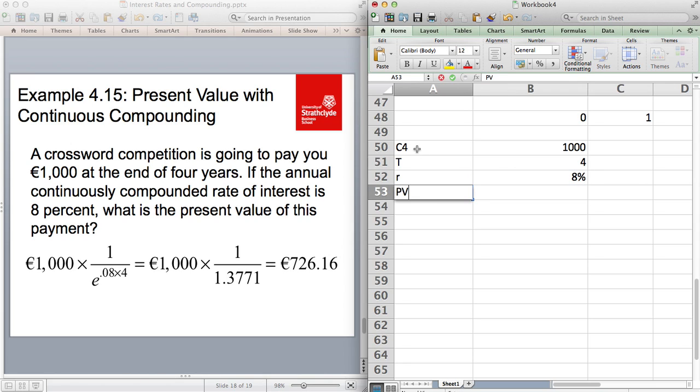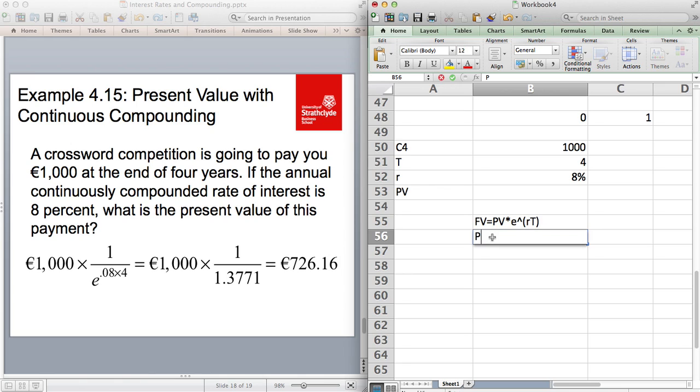What's the present value? Now, if we just looked at the future value, it is equal to present value times e to the power RT. Okay, that doesn't really look that good, but that RT should be up there.